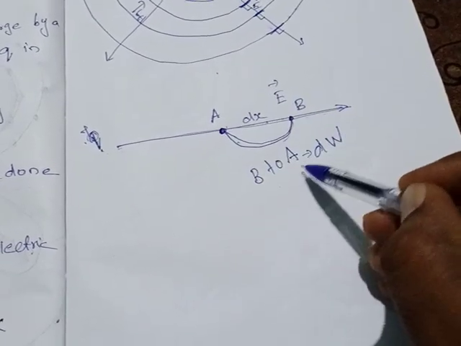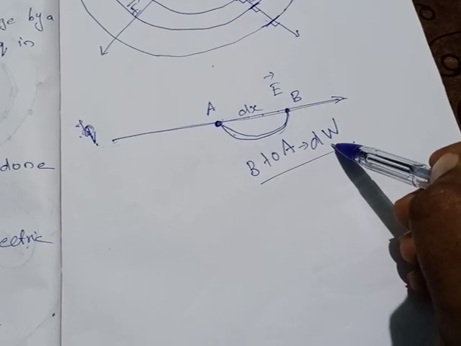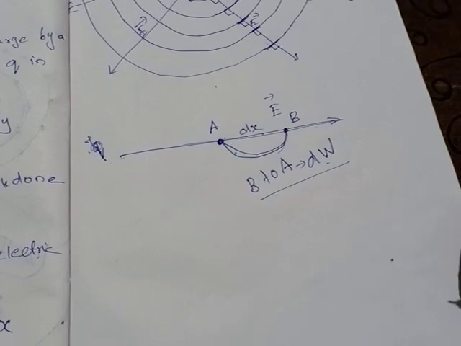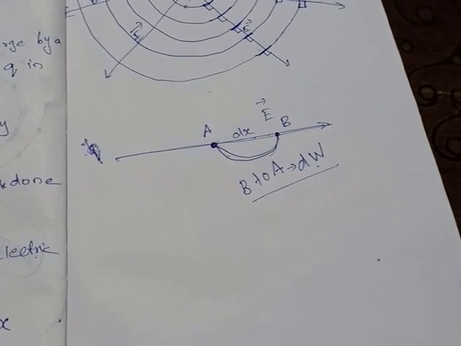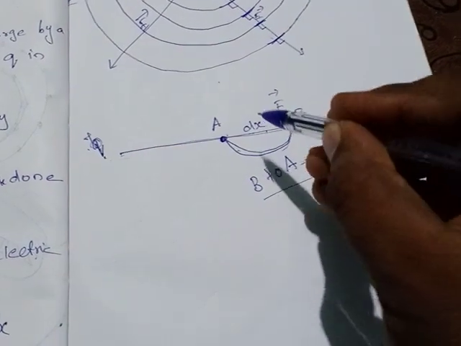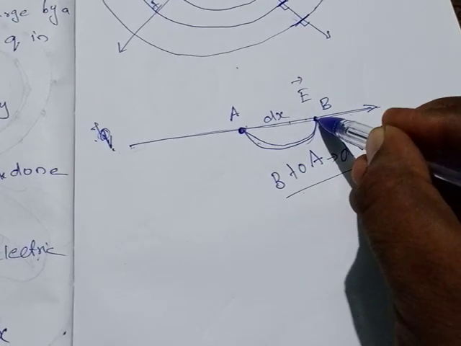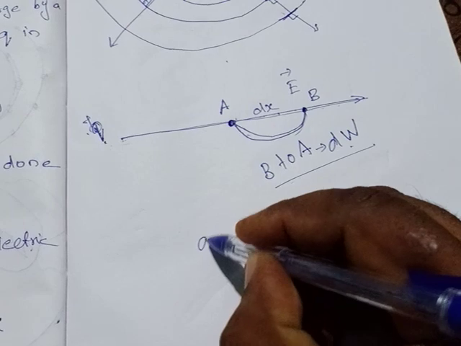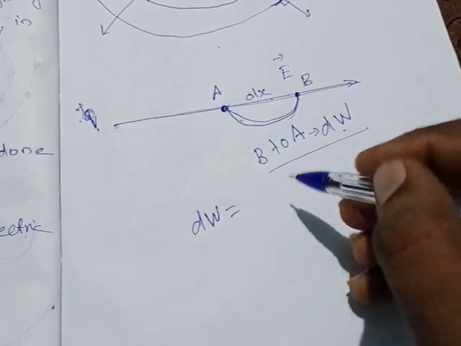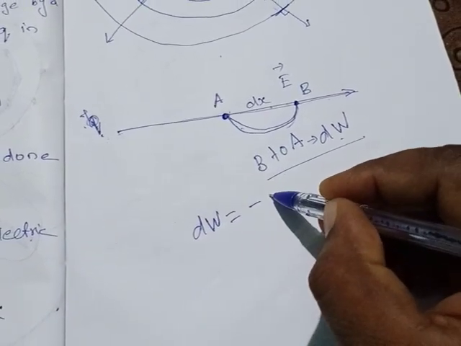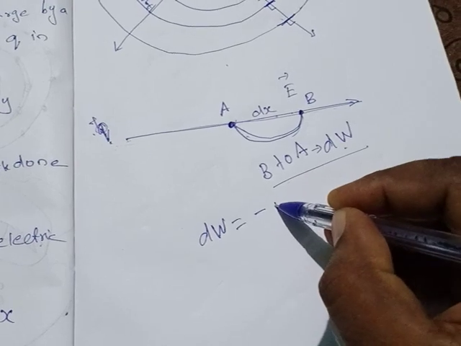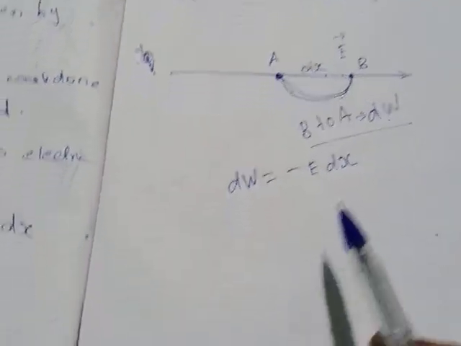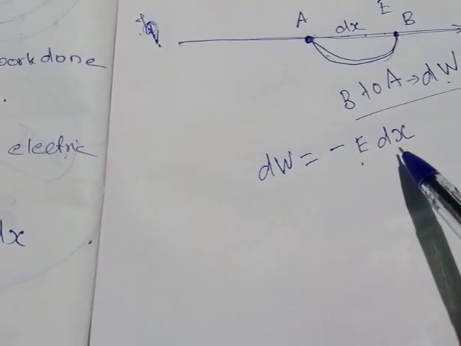For that, we are doing some work. How much work did we do to move a unit charge from the position B to A? That is dW equal to, you can write, minus E dx.